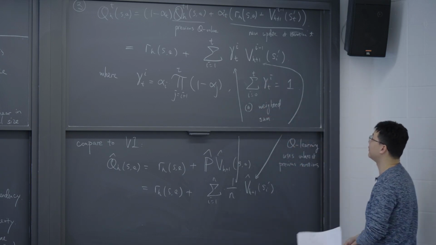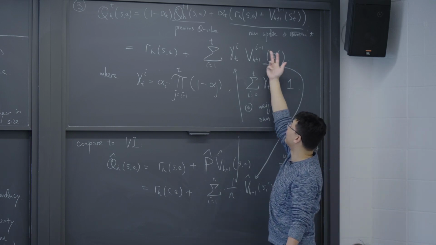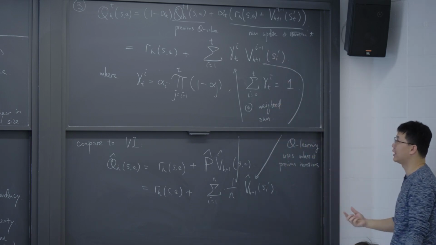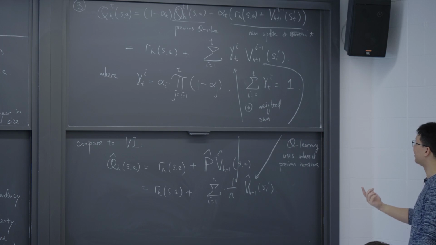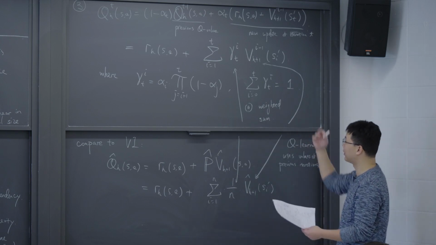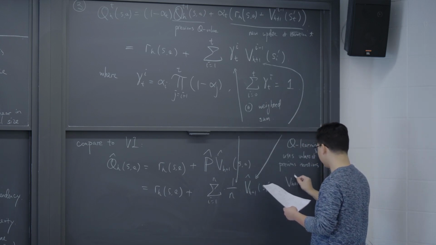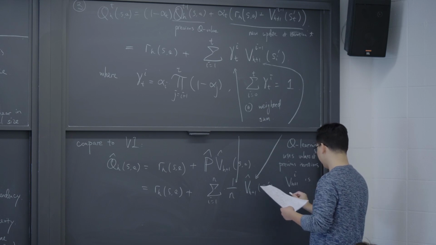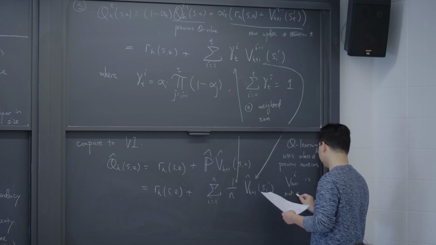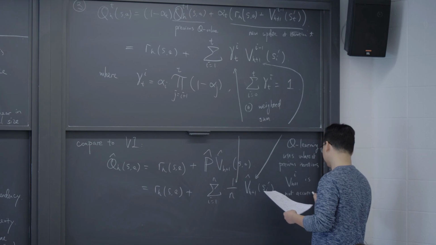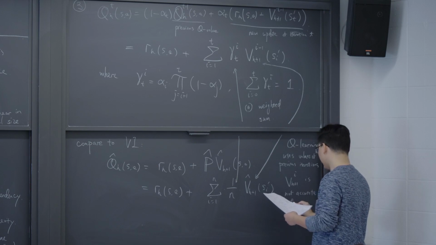You can think of V h plus 1, for example, as the value you calculate at the first iterate. In that case you only observe one trajectory or one data point, and clearly this is not very accurate. So V h plus 1 i is not accurate for small i.